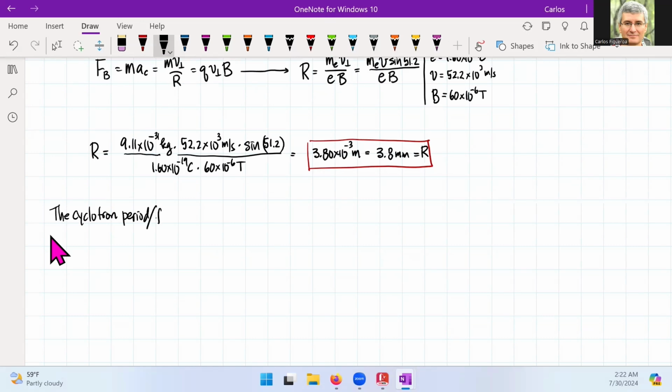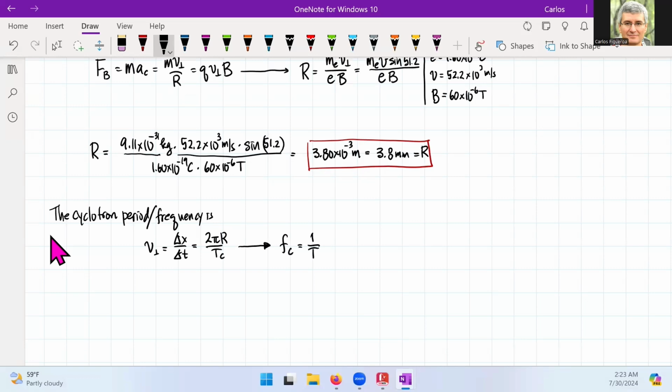Cyclotron period or frequency is, I think the easiest way to calculate is just look at the definition of the speed. So if I look at the definition of the speed, it should be distance divided by the time, but that time is the repeat distance, so it's moving in a circle, so it has to have its circumference divided by the cyclotron period.